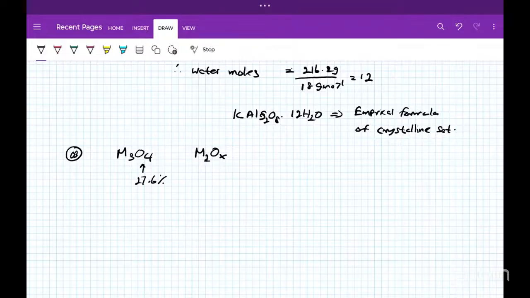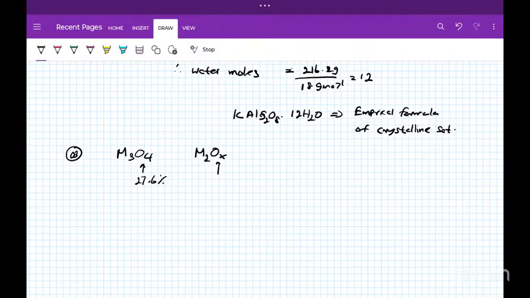Then you will have X as a ratio. Then you have to balance. You have to eliminate that ratio as whole numbers. I'm just assuming that this is M2OX. You can assume MOX because that is also fine.